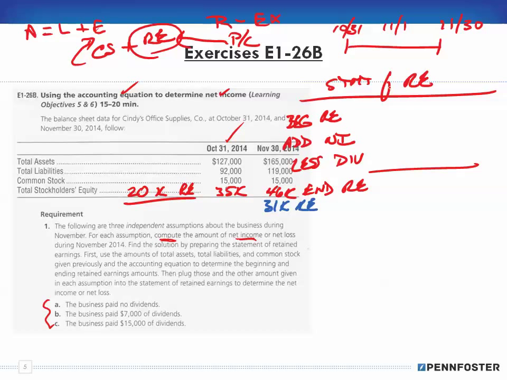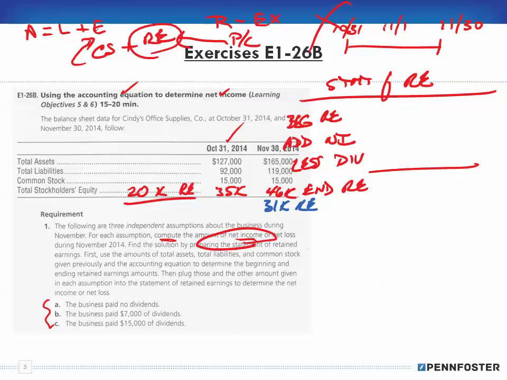Now, it's asking us to compute the net income. So what we're doing is we're backing into the net income. I set up here that October 31st was the end of the previous accounting period, which becomes the beginning of the next accounting period.